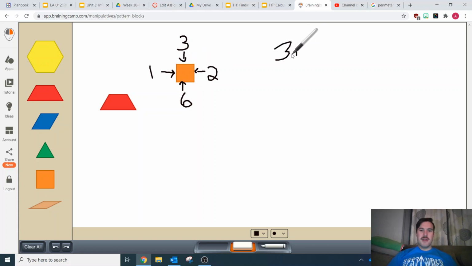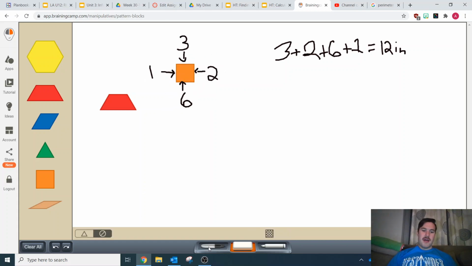So 3 plus 2 plus 6 plus 1. And when you add all those things together, that would give you 12. So maybe it's 12 inches. So you're going to just add up each side to get the perimeter.